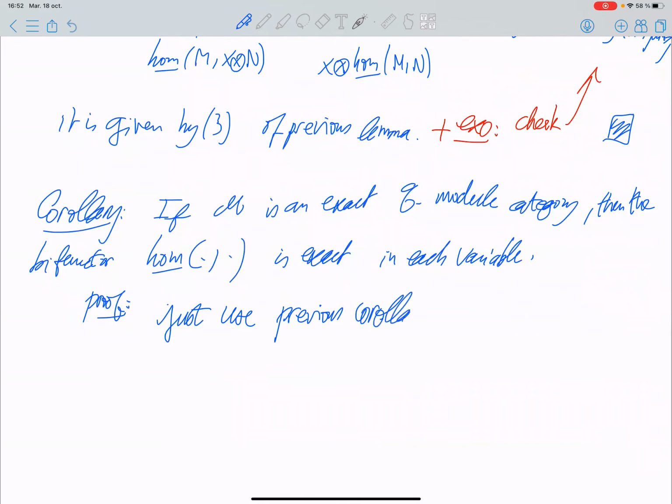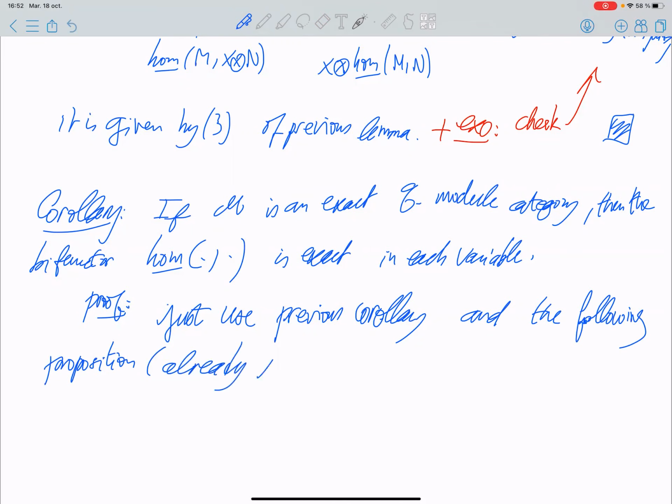So we have the module functor and the following proposition, already stated.